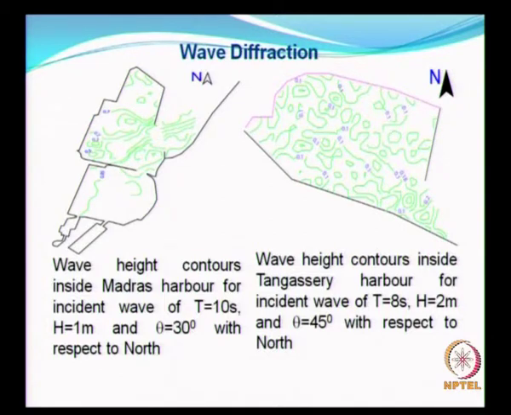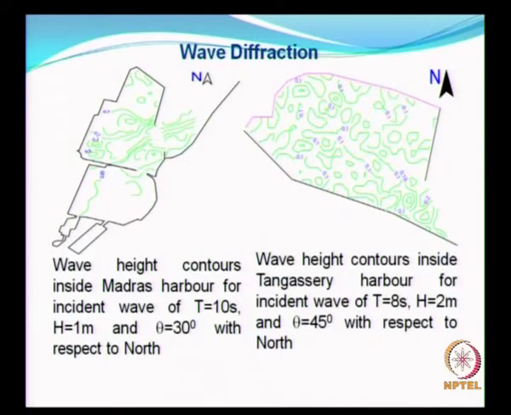That is, if you have a breakwater, if you have a harbor, you design the harbor for a given water depth. So I can say it is a constant water depth, so I consider only diffraction. But in major harbors there can be variations in the water depth, then you have to consider both phenomena. Then the problem becomes more and more complicated, so you resort automatically to numerical models.